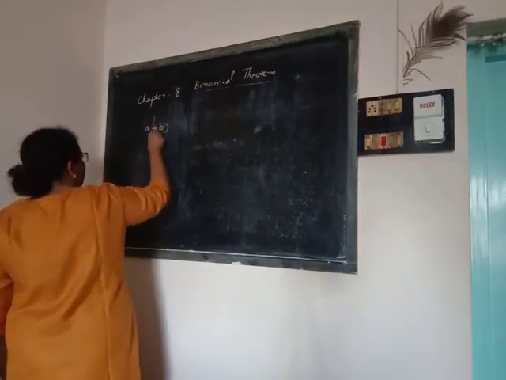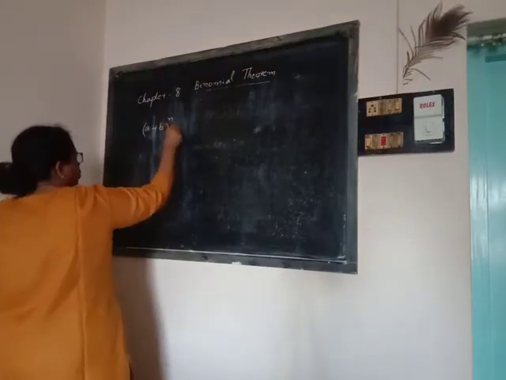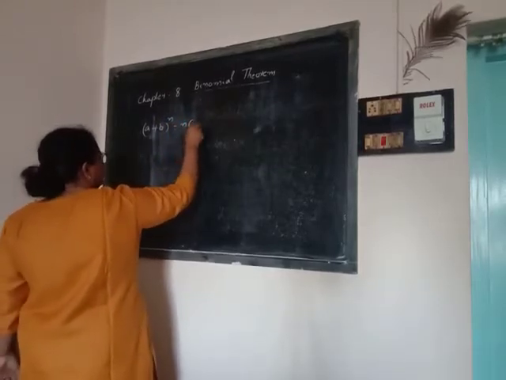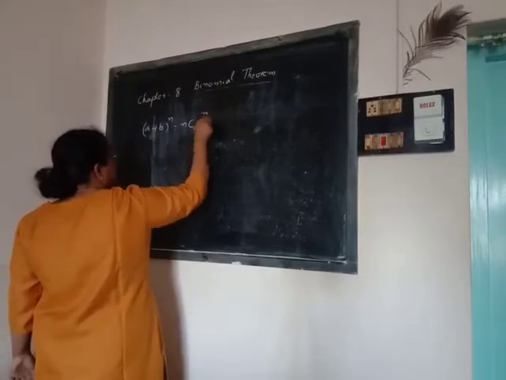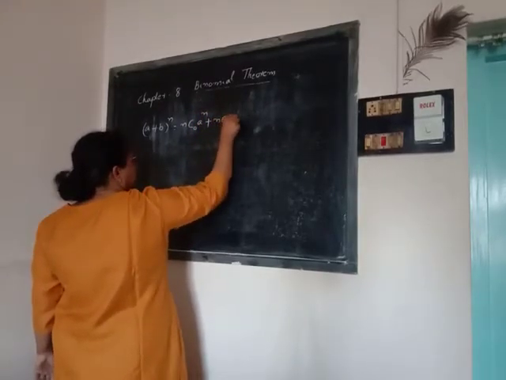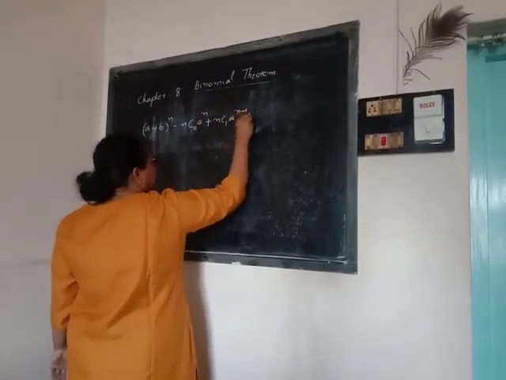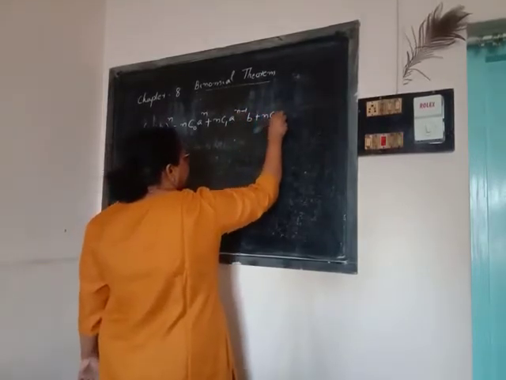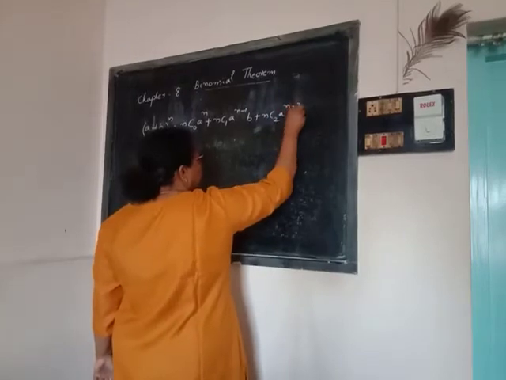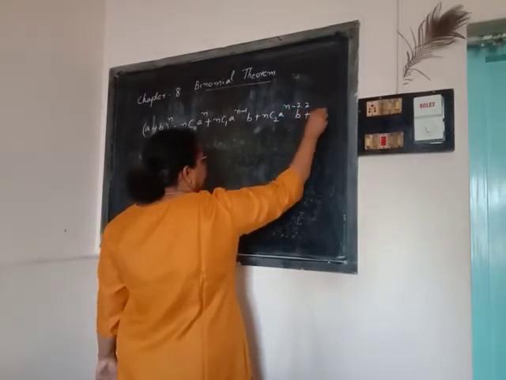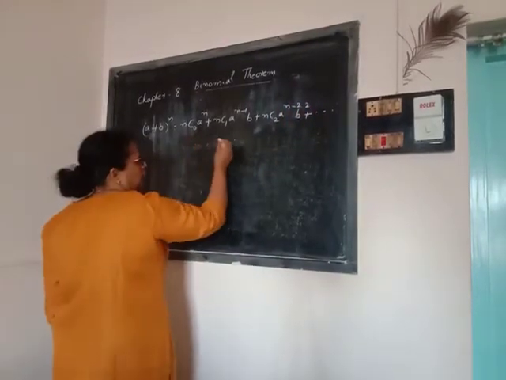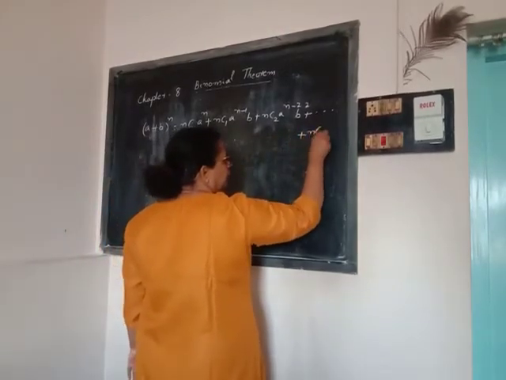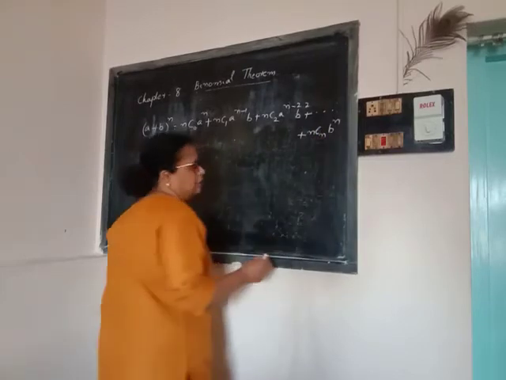What is A plus B whole raised to n? The binomial theorem gives the expansion of A plus B whole raised to n. It is NC0 A raised to n plus NC1 A raised to n minus 1 B plus NC2 A raised to n minus 2 B squared plus etc. Last term NCN B raised to n.